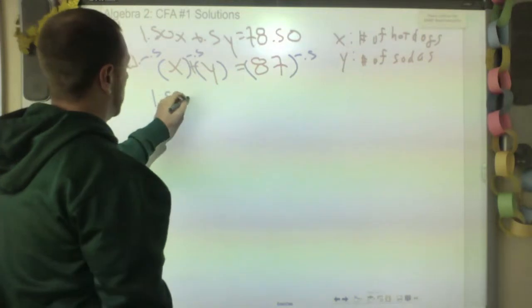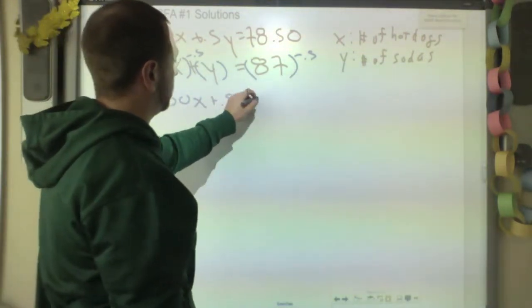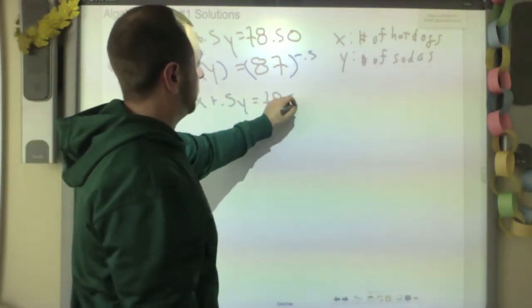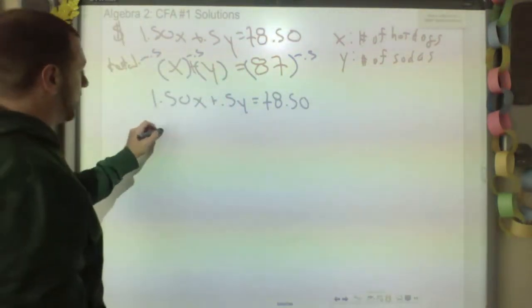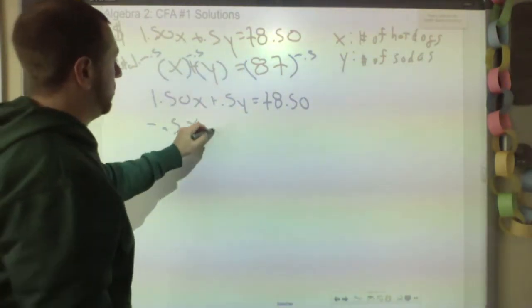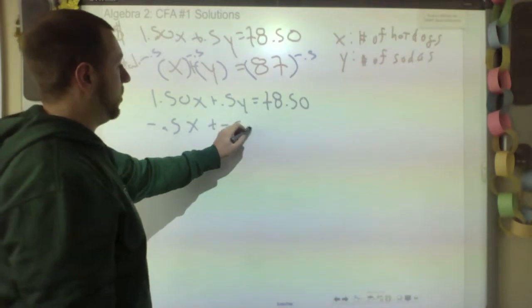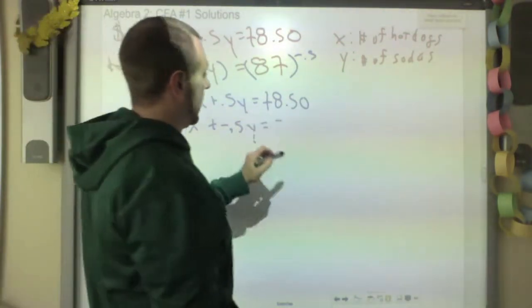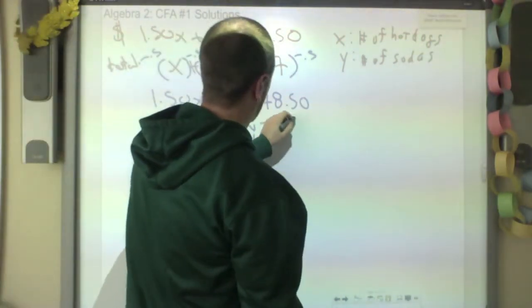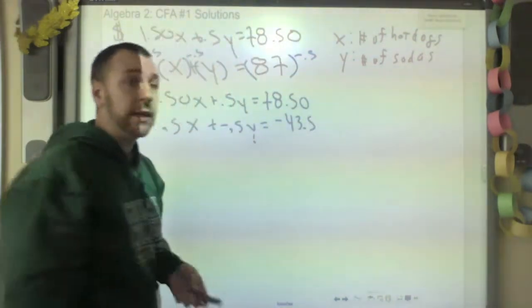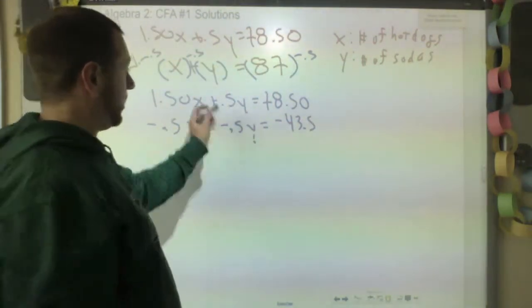Well, this one didn't change. This one changed to negative 0.5x plus negative 0.5y equals negative 43.5. Okay, now I add these two equations together.